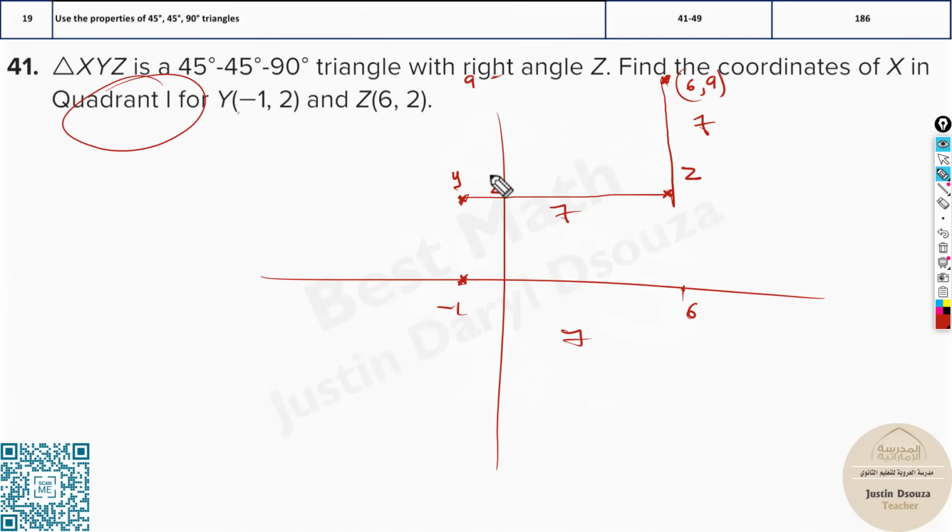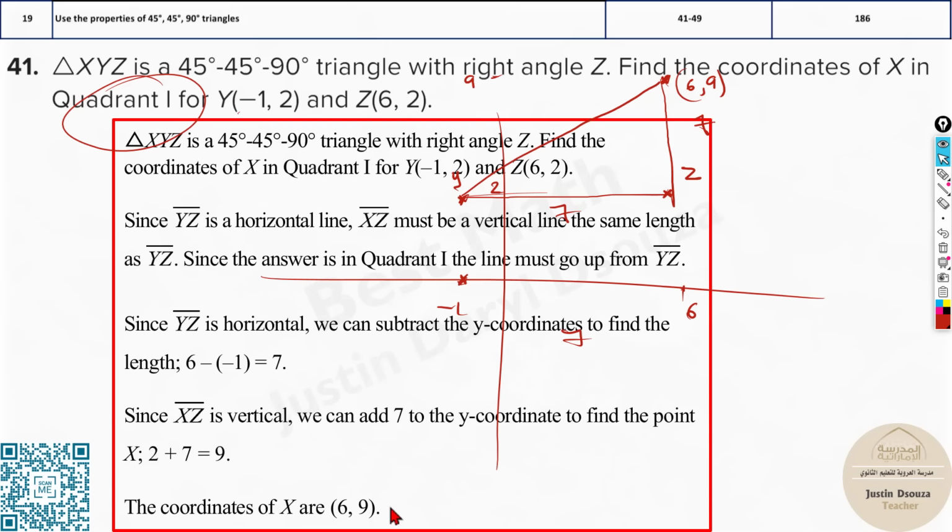So it's (6, 9), and that would be the 45-45-90. It's not accurate because it's not to scale, but you can easily tell that since it had to be in the first quadrant, from z it must go up. So the x value is 6, and adding the same distance, 7, to the y value gives 9. You can see the answer is (6, 9). You don't need to do anything else.